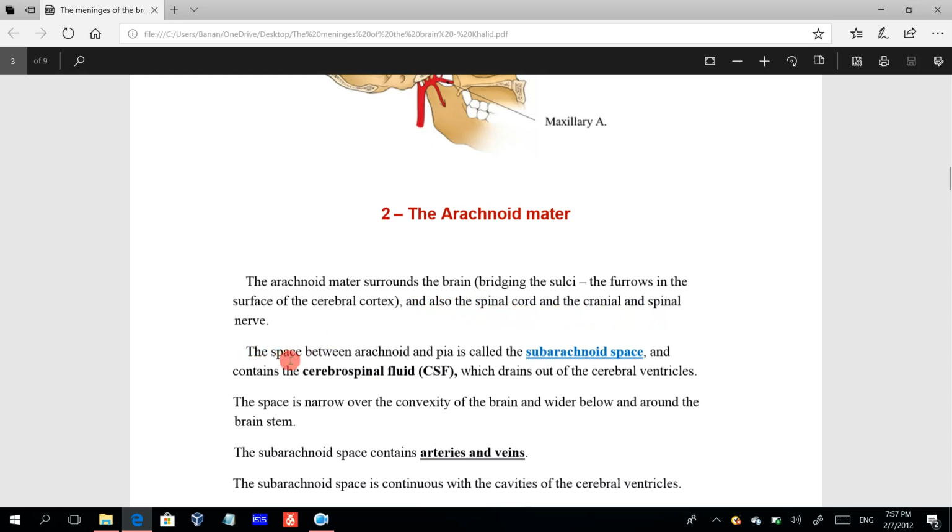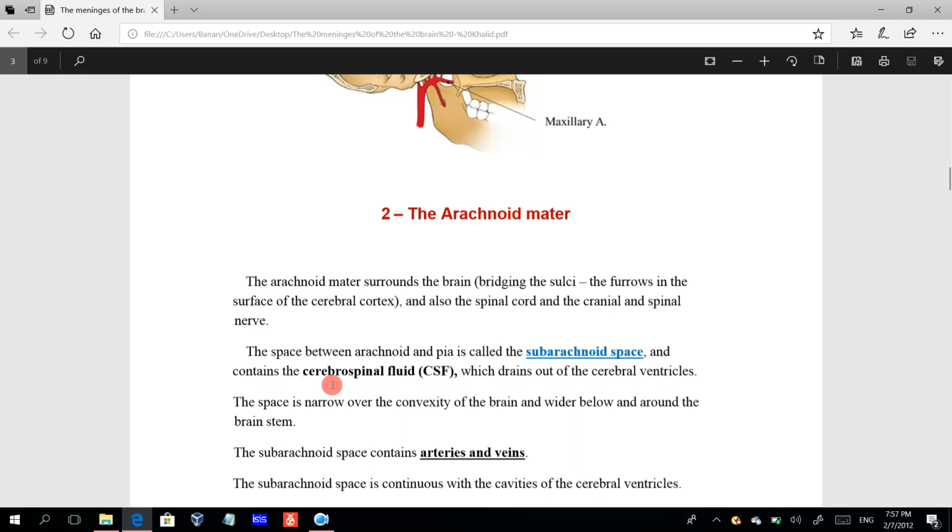The space between the arachnoid and pia mater is called the subarachnoid space, تحت. This subarachnoid space contains the cerebrospinal fluid, النخاع الشوكي, which drains out of the cerebral ventricles.